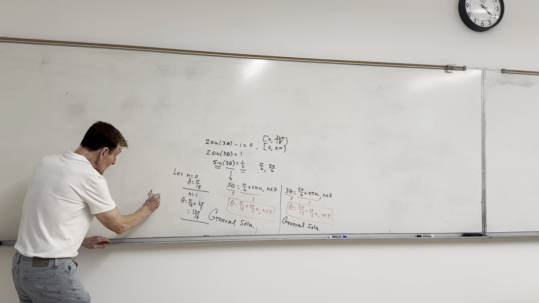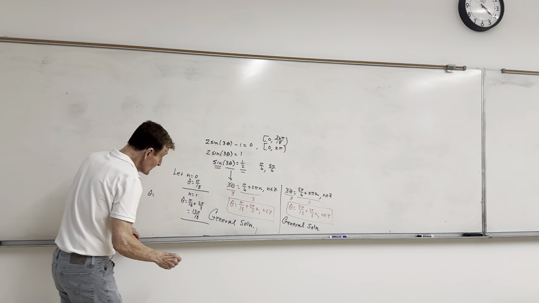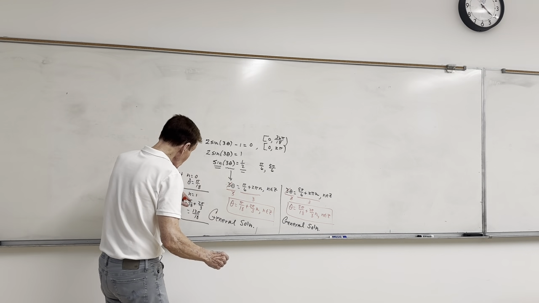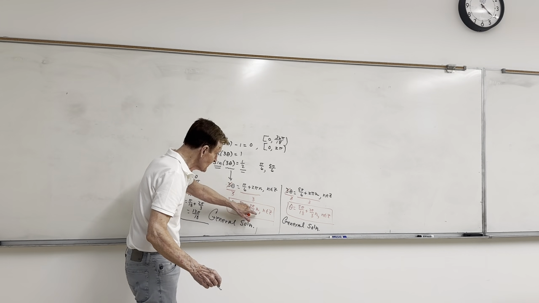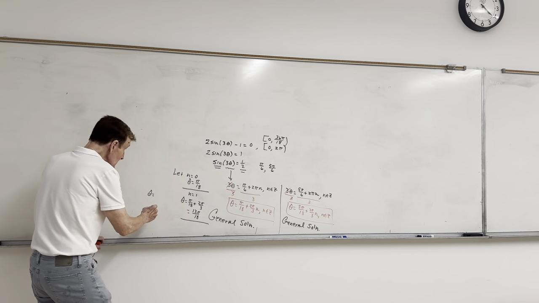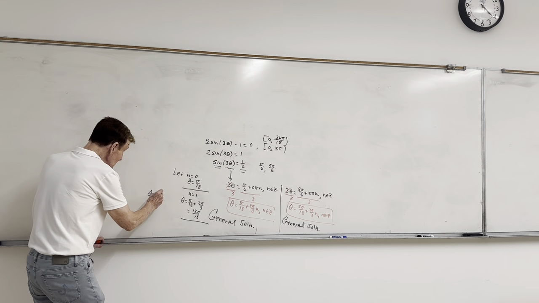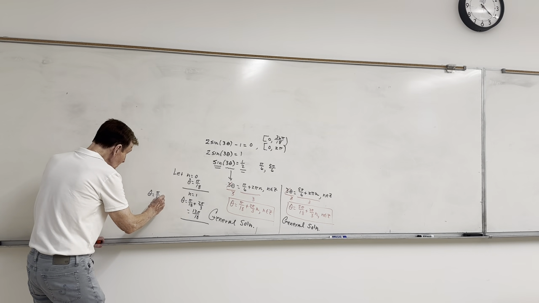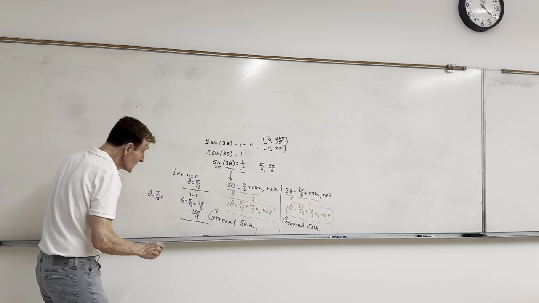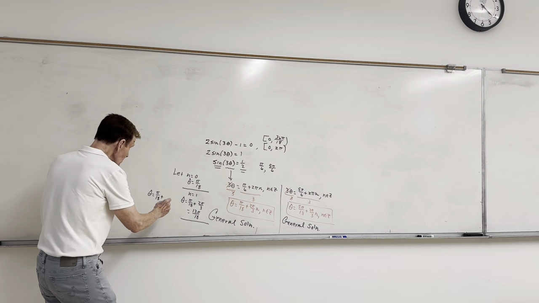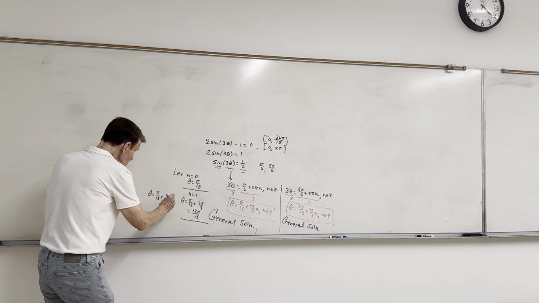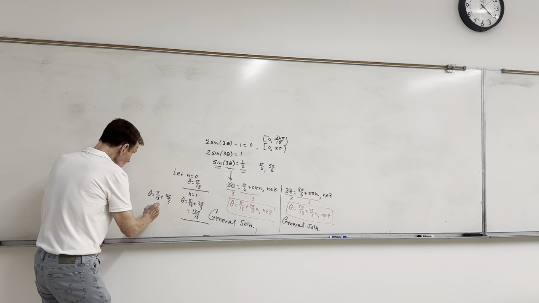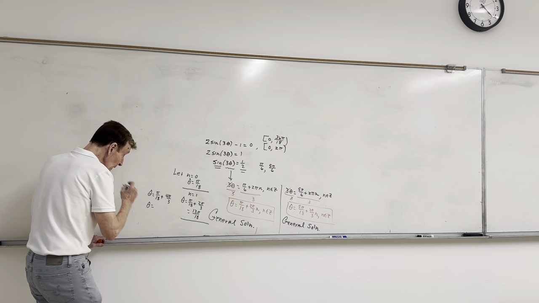Then we'll let n be 0, 1, 2. If I put a 2 in there, in my general solution, this one looks like this, pi over 18 plus 2 times 2 pi over 3, which is 4 pi over 3. Common denominator to make this look a little better, 18.